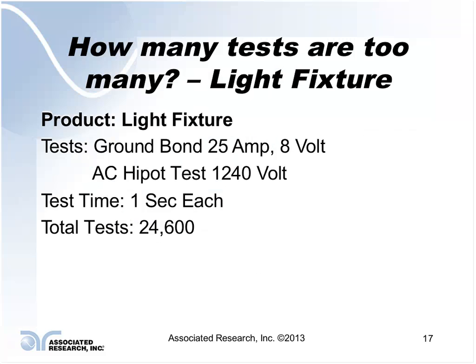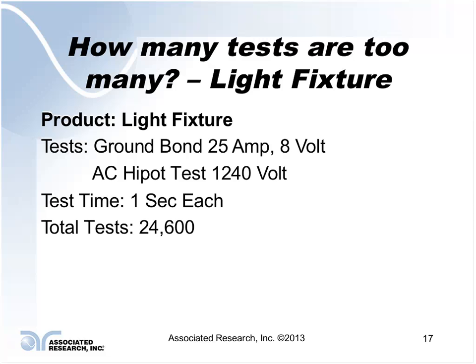We did a 25 amp ground bond test on the ground circuit. It was done at an 8-volt potential. The test was 1 second. The AC Hipot test followed that. It was done at 1240 volts for 1 second.